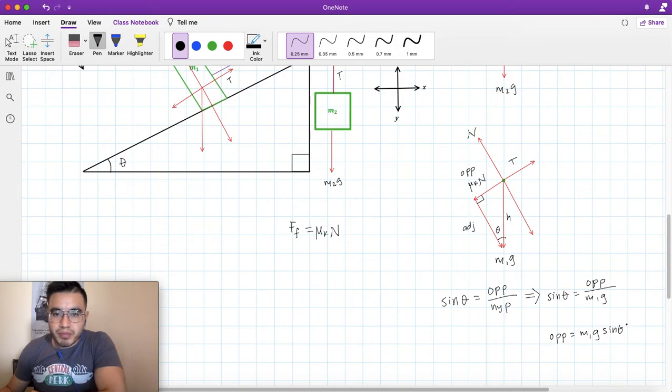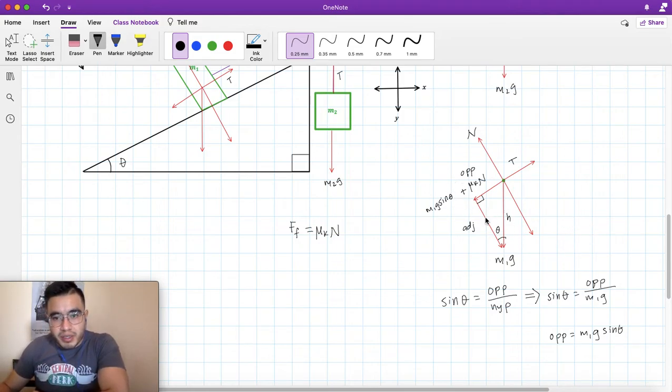That's it. So this one, we need to add m1g sine theta.